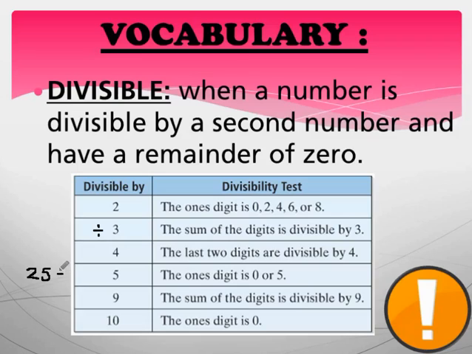That is divisible by 5 because when we divide it by 5, we get 5 as well. We have a remainder of 0. We don't have any decimals. And the same thing goes on with the divisibility rules. You can use this chart at any time to help you figure out when numbers are divisible and what they're divisible by. This will come in very handy when we are working with prime factorization.